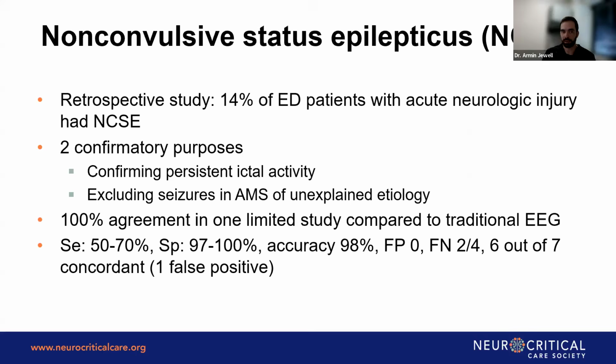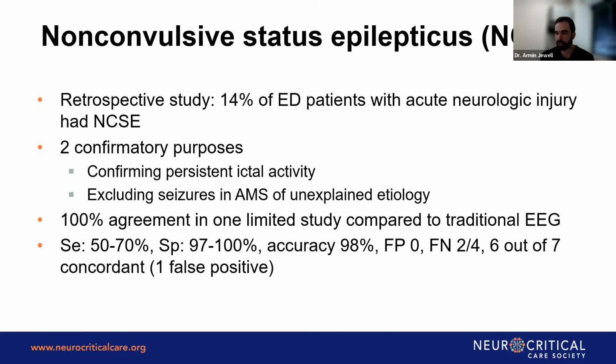And so for non-convulsive status epilepticus, in a retrospective study, 14% of the ED patients coming in with an acute neurologic injury ended up having non-convulsive status epilepticus, and that was using point of care EEG technology to look at those patients. The reason to look for these patients is for two reasons.